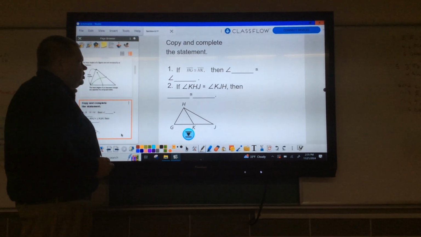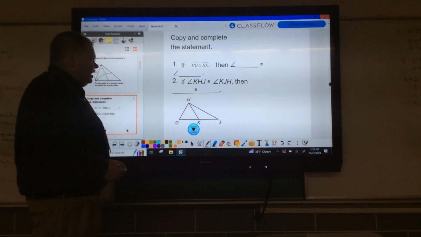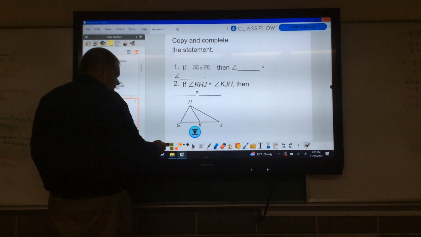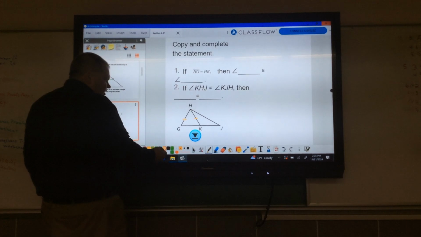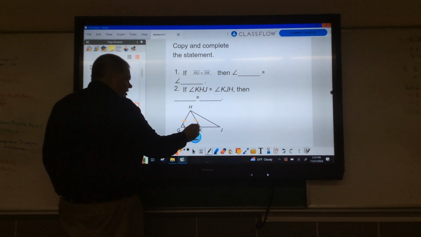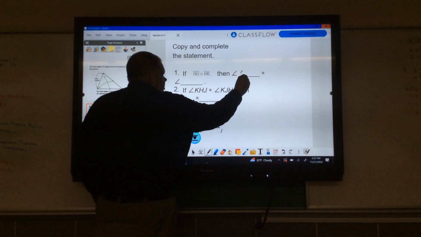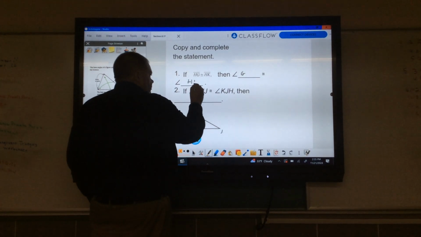Now, if HG is congruent to HK in a triangle, okay, these two segments here are equal. Then what that means is that angle G down here and angle HKG are going to be the same.